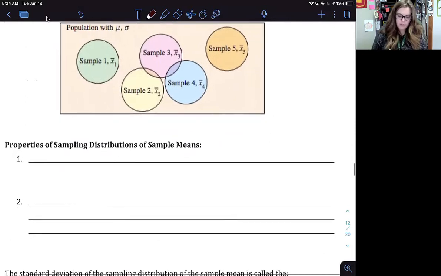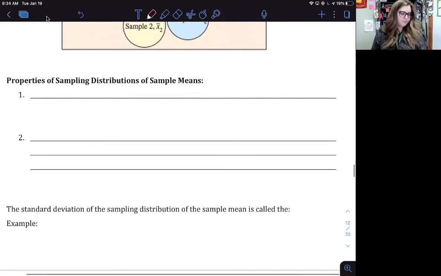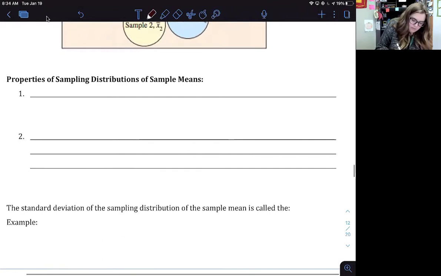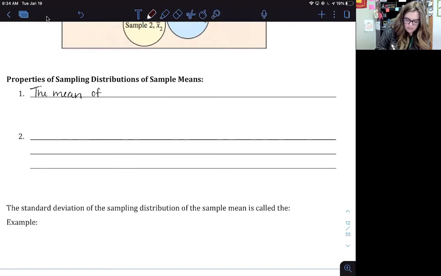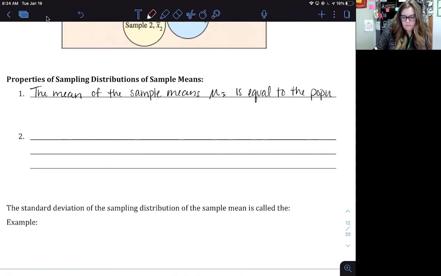So we have two properties of sampling distributions of sample means. The first one says that the mean of the sample means, and we denote that as mu of X bar, is equal to the population mean, which is our mu.